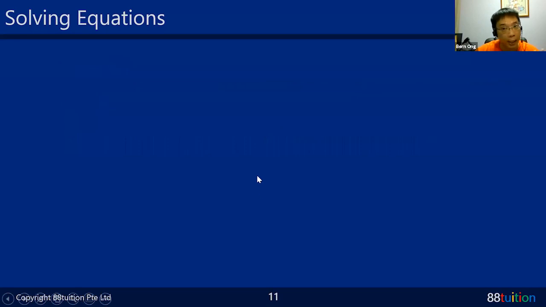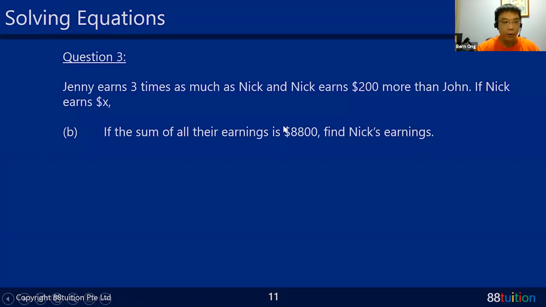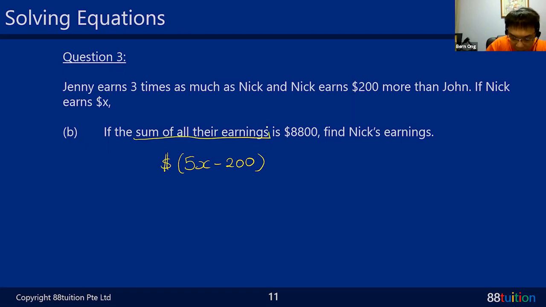Okay, that's 1 minute. It's actually quite straightforward. I think some of you got careless mistakes here and there. So from the expression, remember just now what we got? We got the 5x minus 200. What's the meaning of 5x minus 200? It is their total earning, the sum of earning. Just now we calculated Nick, Jenny and John.